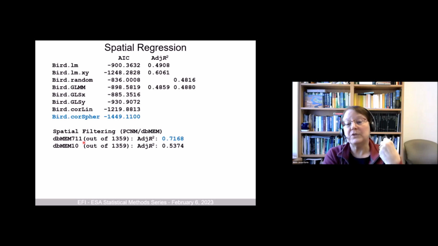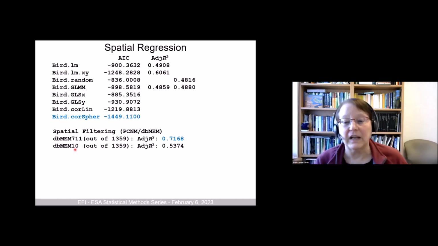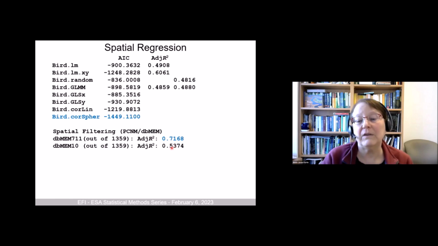Not all of them are significant, and you want to keep some kind of large scale, mesoscale, and fine scale. So I selected 10 of those Moran eigenvector maps that were significant and had a different range of scale, and that gives me a value of 73%.